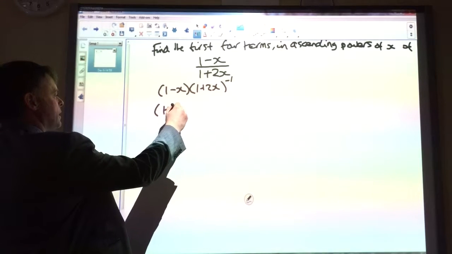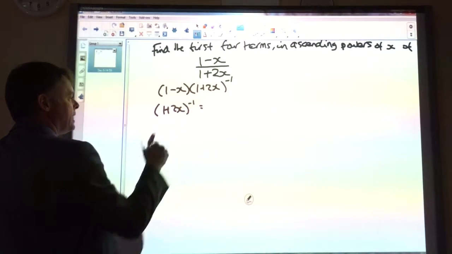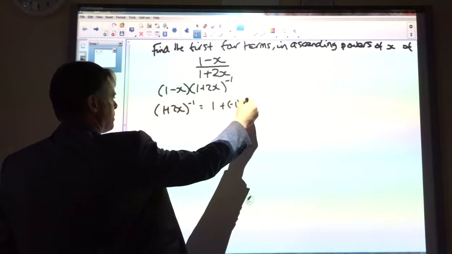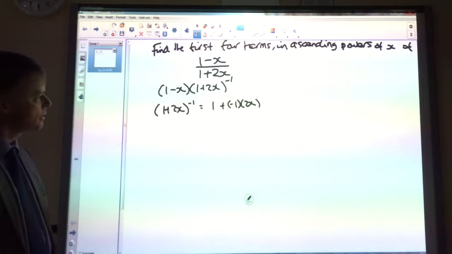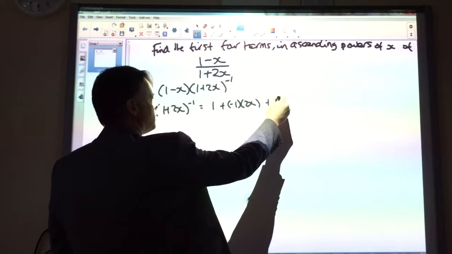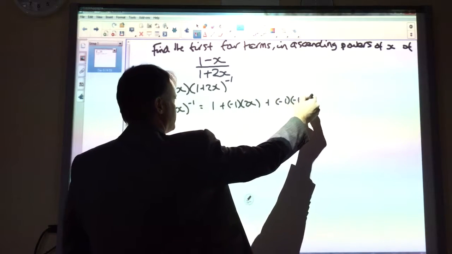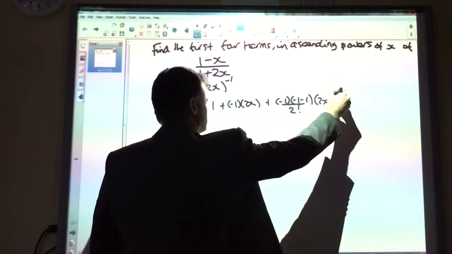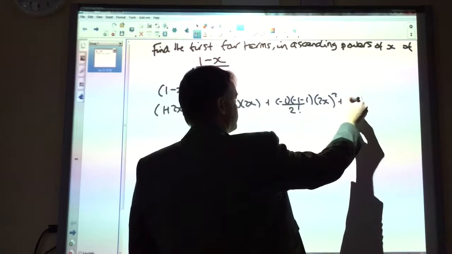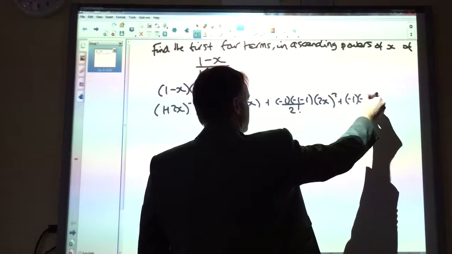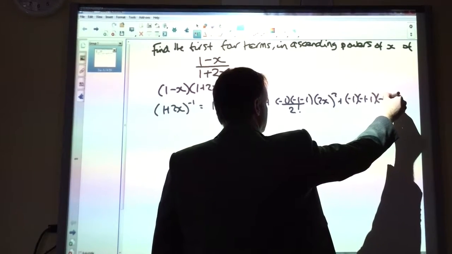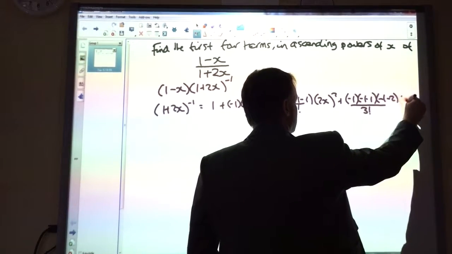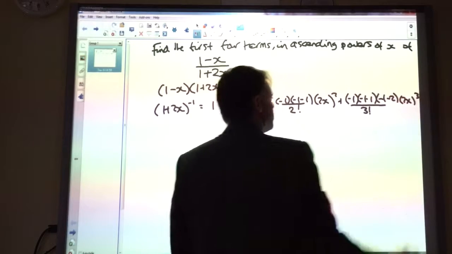So 1 plus 2x to the power of minus 1 is equal to 1, plus minus 1 times 2x, that's the nx bit, plus minus 1 times minus 2 over 2 factorial times 2x all squared, plus we need 4 terms, so minus 1 times minus 2 times minus 3 over 3 factorial times 2x cubed.